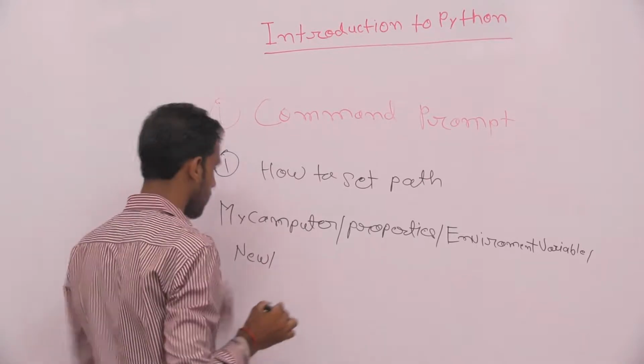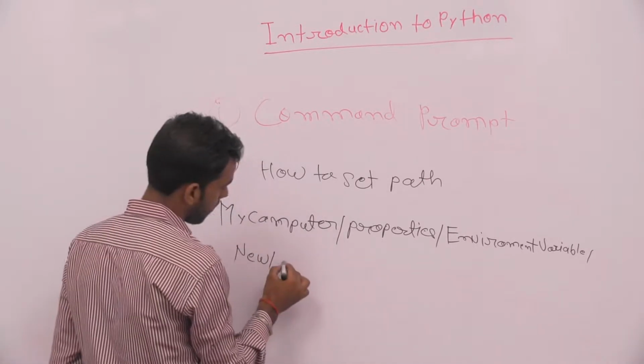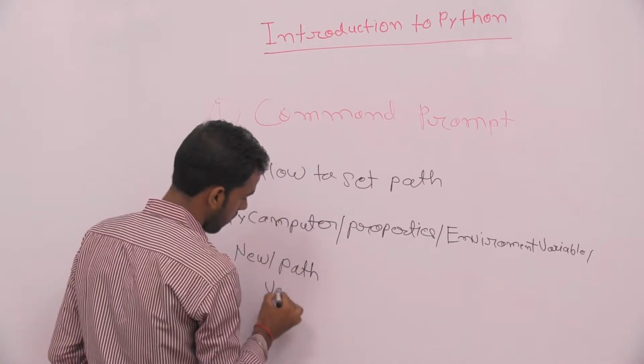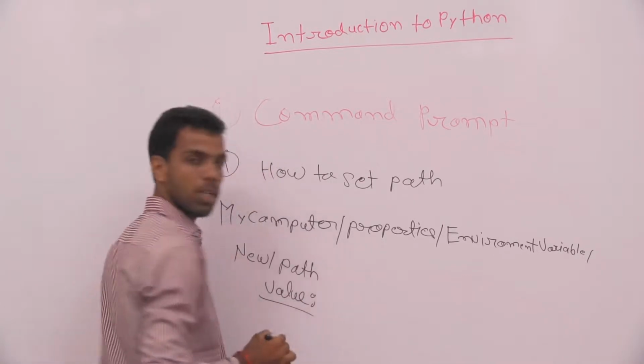After clicking on New, we have to set the Python variable name as well as the value. Here we put the variable name as Path, and the value will be the address where the Python interpreter has been installed.